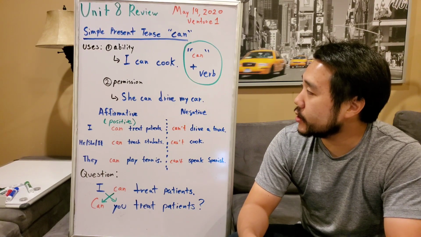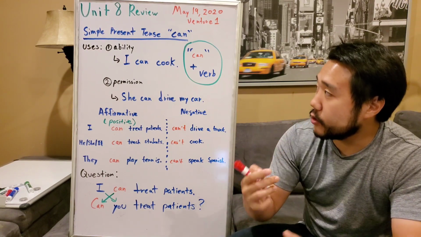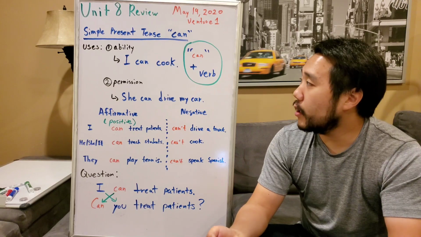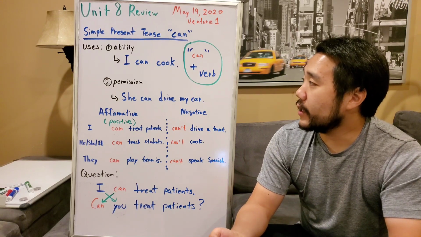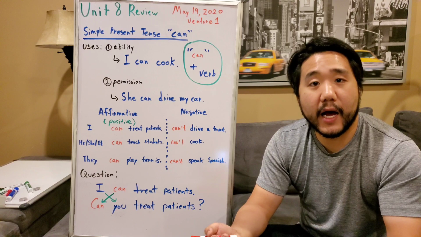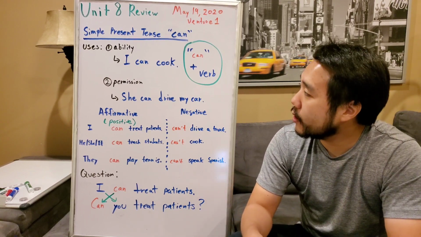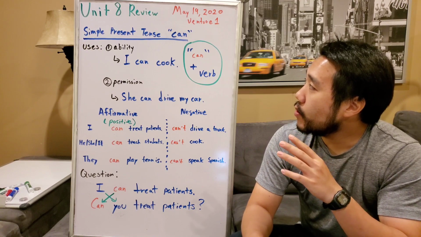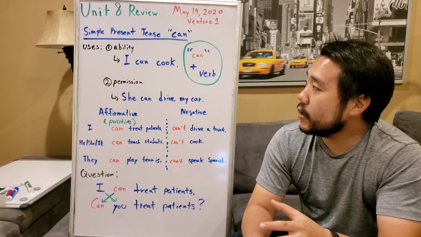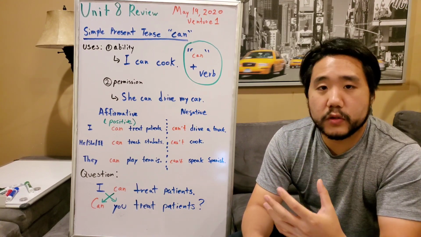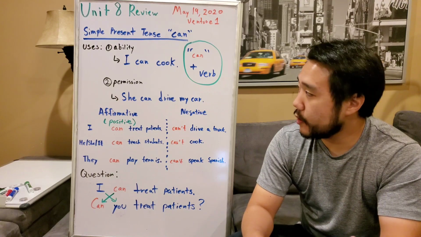Another sentence could be, I can sing. I have the ability to sing. So the word can we use to talk about abilities.